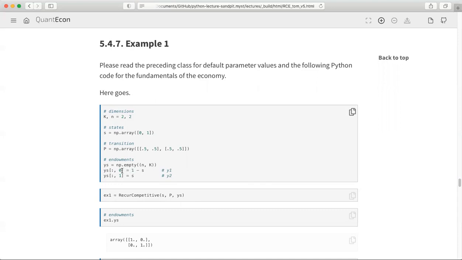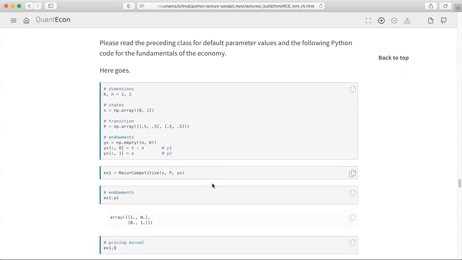So the first person's endowment Y1 is 1 minus S, and the other person gets S. Look at S, it goes between 0 and 1. So if I get 1, you get 0. If you get 1, I get 0. That's this economy. The aggregate endowment just sits there.